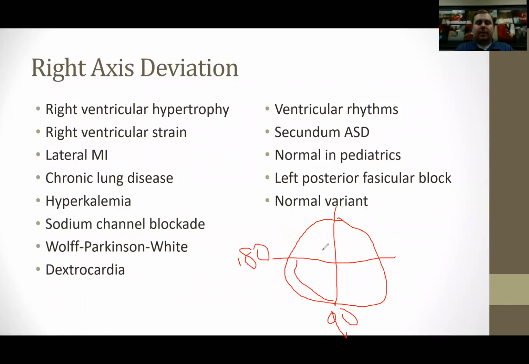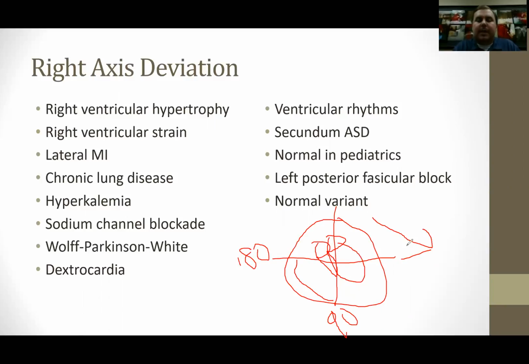And just try to remember how my heart's sitting out here. A normal discharge, you should have a discharge towards like lead 6, like lead 2. So your heart should be normally discharging in this fashion.